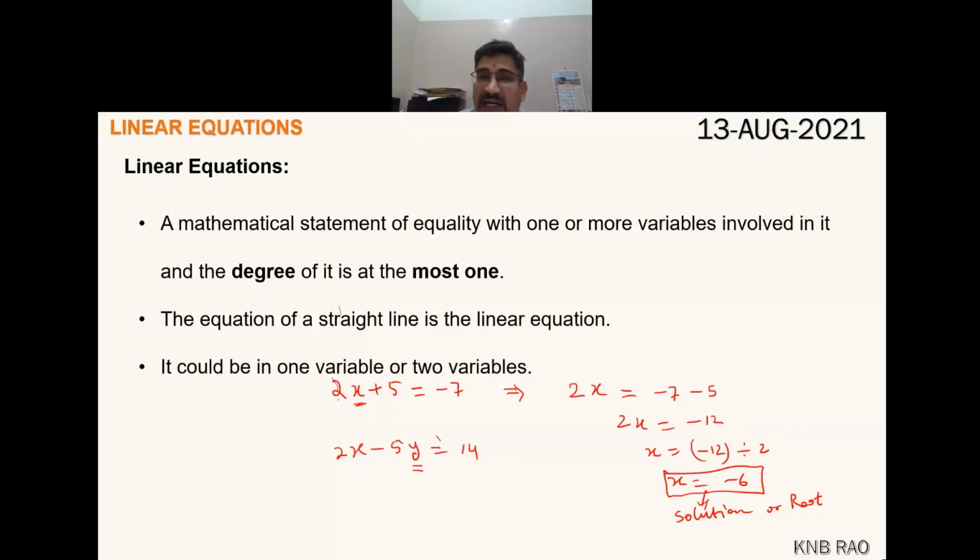You will be learning linear equations in one variable and two variables in class 9th and 10th, and linear equations in more than two variables, such as three variables, in class 11th and 12th. Always remember, a linear equation in one variable and two variables represents a straight line, a linear equation in three variables represents a plane in space, and a linear equation in four variables represents the space itself.